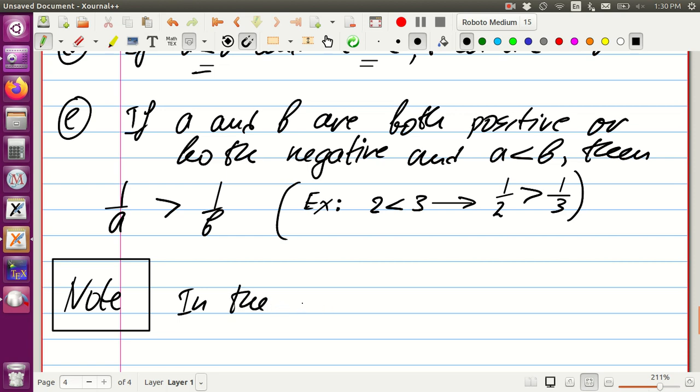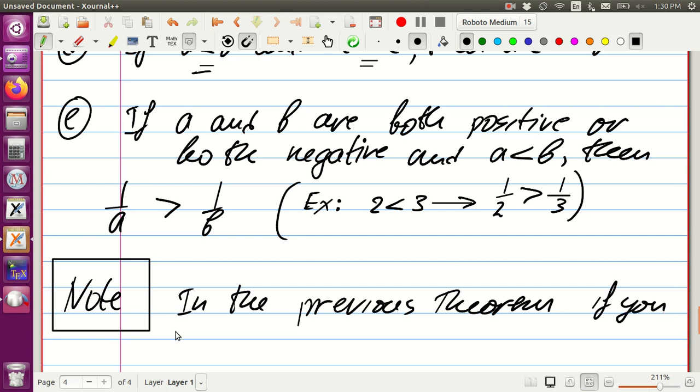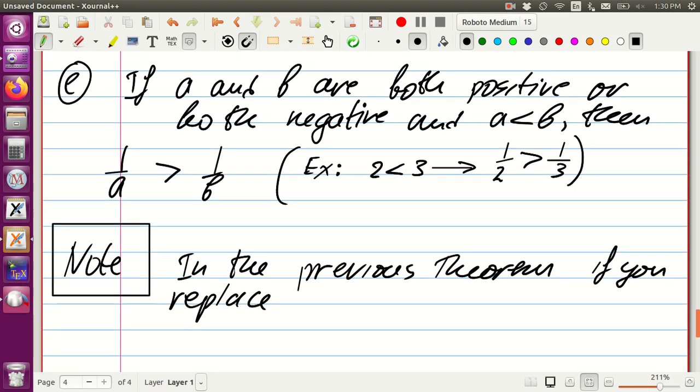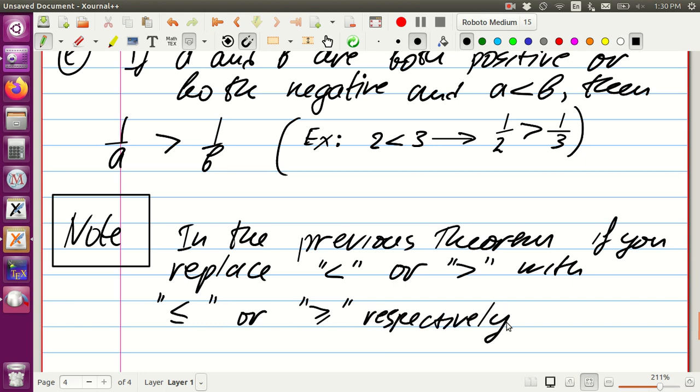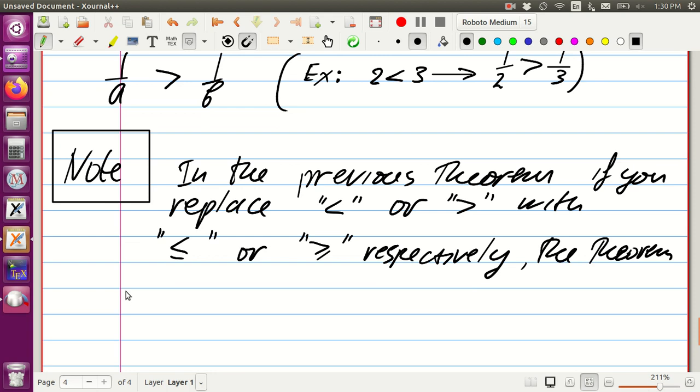In the previous theorem, if you replace strict inequalities, strictly less or strictly greater, with less or equal or greater or equal, respectively, the theorem will still be true.